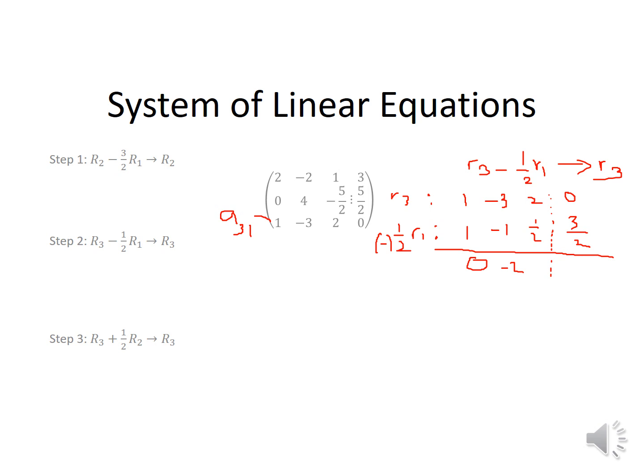And 2 minus half, 3 over 2. 0 minus 3 over 2, negative 3 over 2. So this is the new R3, the new value for R3.